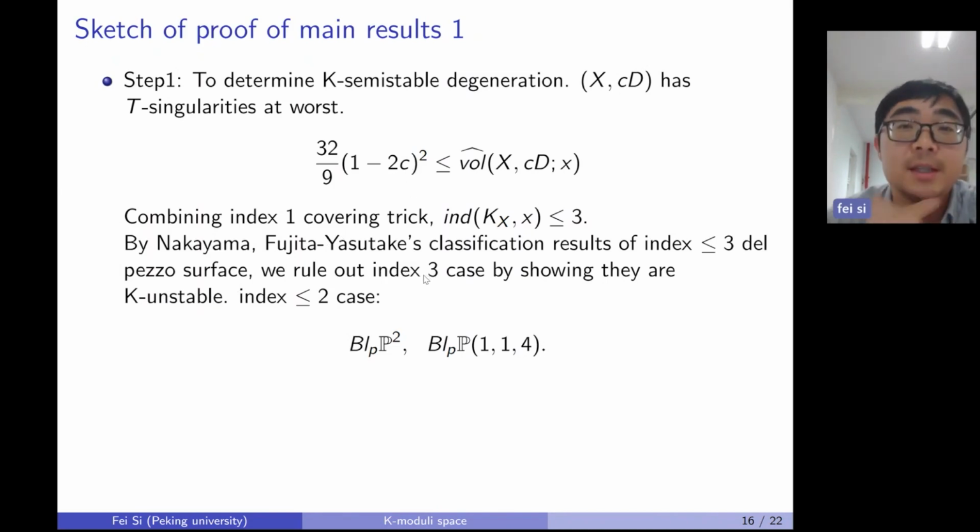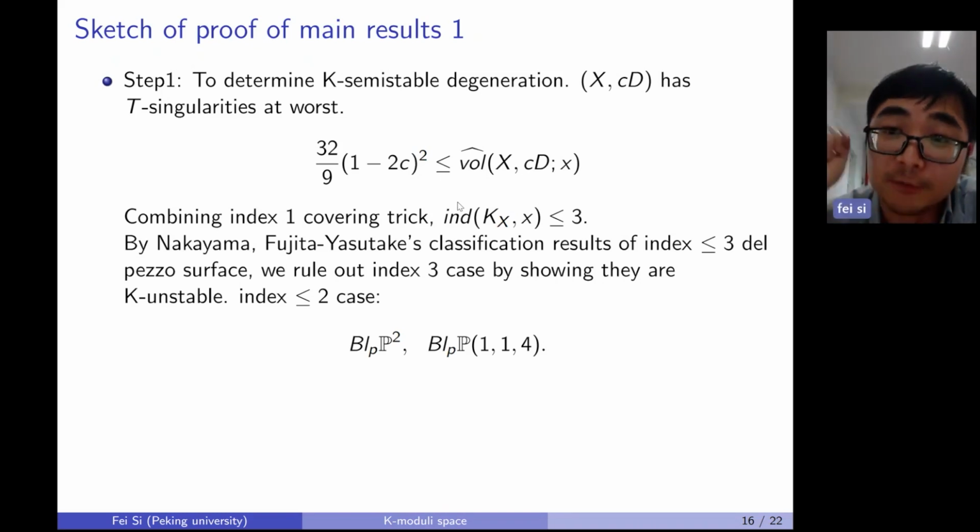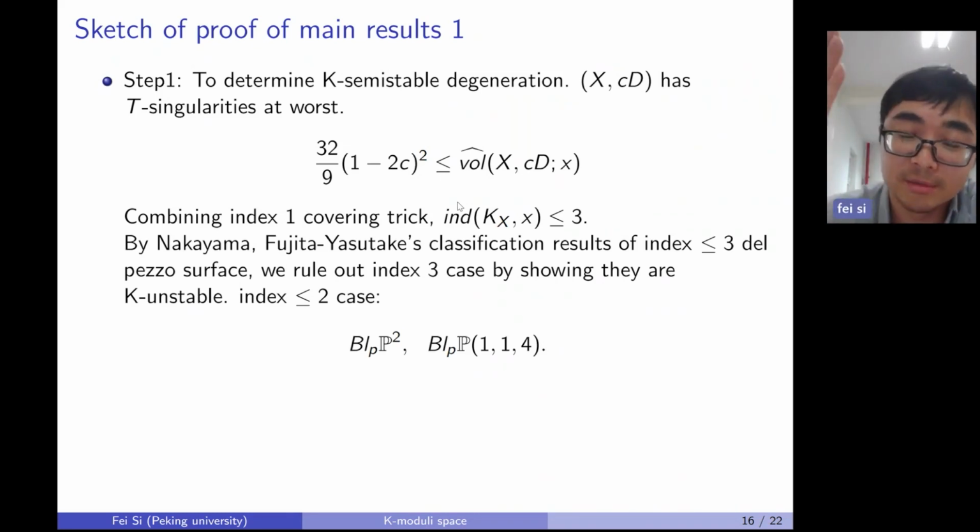Actually, in the index 3 case, this surface is obtained by blowing up F5 at 2 points, and then you contract some exceptional curves, you will get this surface. Then we use their explicit description to show that they are K-unstable.